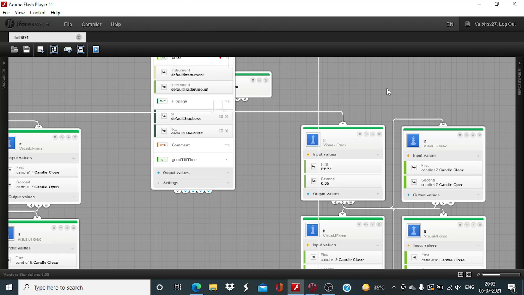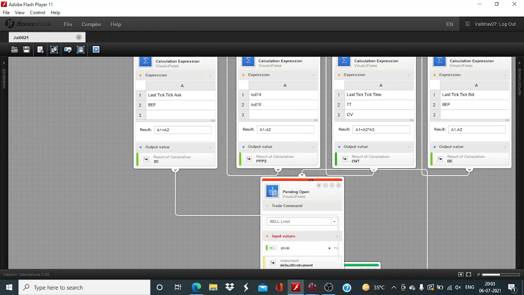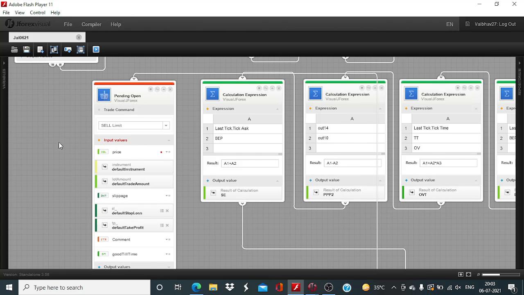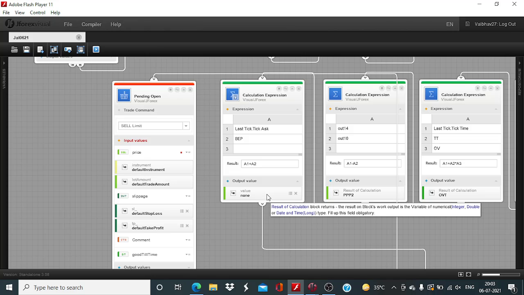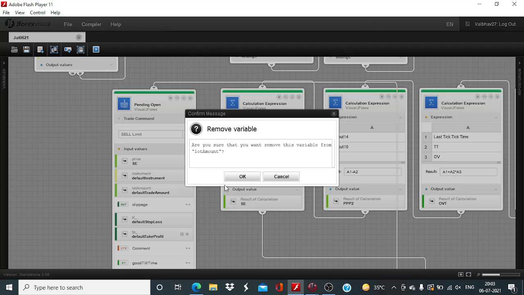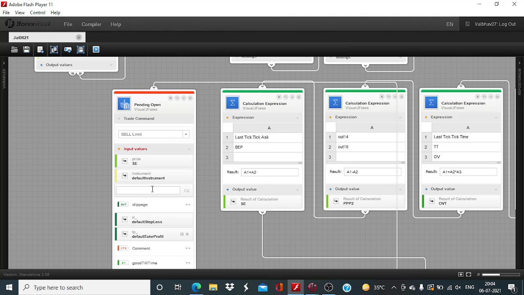And now time to define the input values for these trade command block. Price is going to be this SE. Trade amount I will change to 0.1 million. Default instrument remains as it is, Euro USD. Slippage is going to be 2 pips.